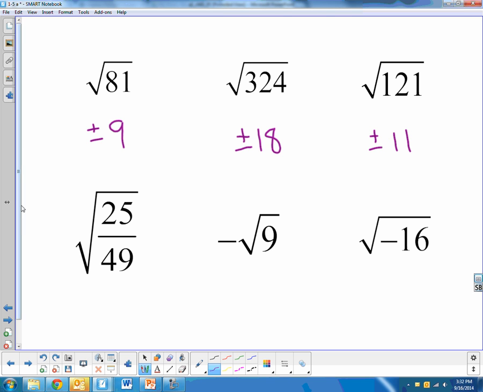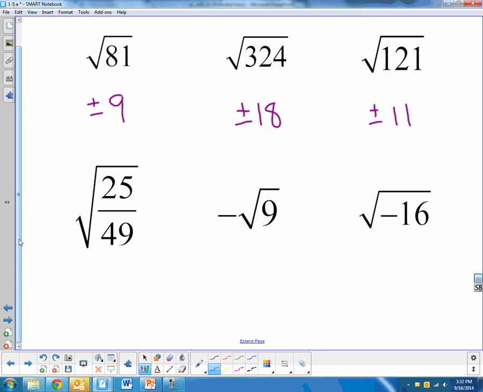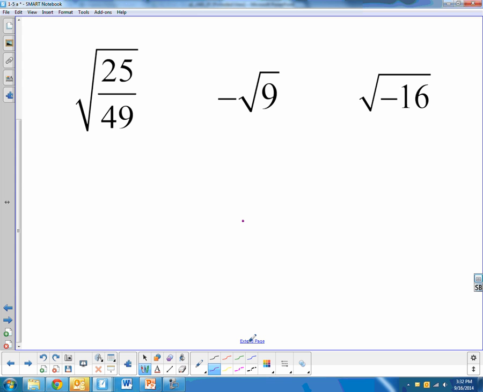For the bottom three here, I'm going to scroll down. We've got the square root of 25 over 49. That's kind of weird. Again, it's a fraction. But the way you can think about it is some fraction times itself equals 25/49.